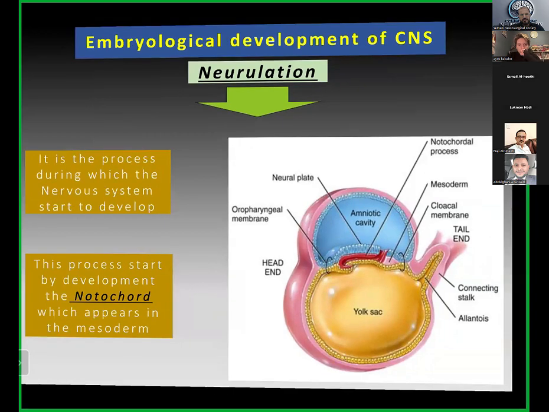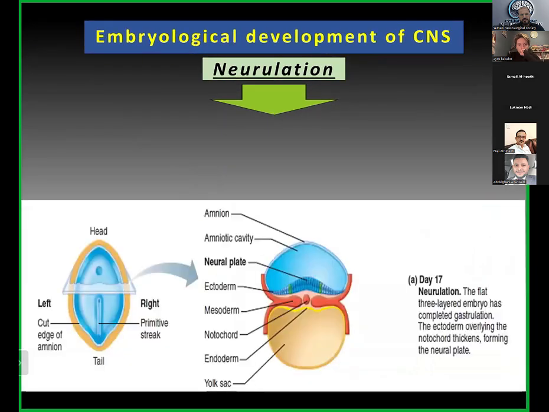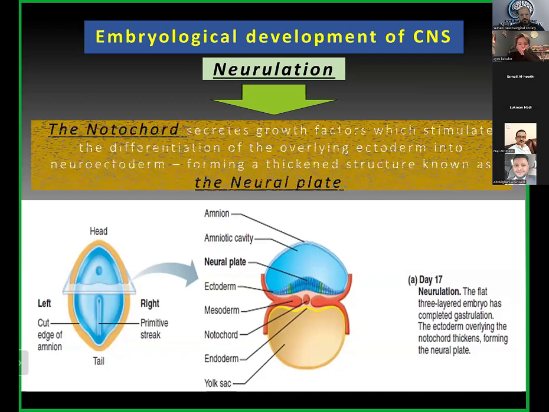As we saw in this diagram, the left one is the axial view, and the right side is the coronal view. The coronal view shows this red dot, the notochord, at the mesoderm at the midline between the endoderm and the ectoderm. This notochord is very important because it secretes growth factors which stimulate the ectoderm above it to differentiate to neuroectoderm.